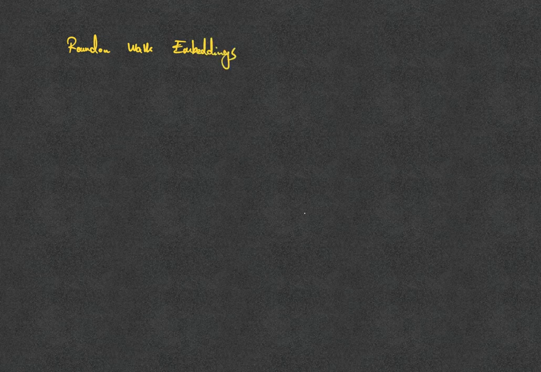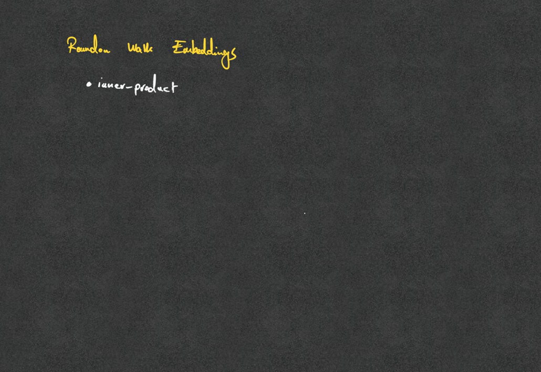The next thing we want to talk about is the random walk embeddings. So in the previous section, we discussed the inner product based methodologies.